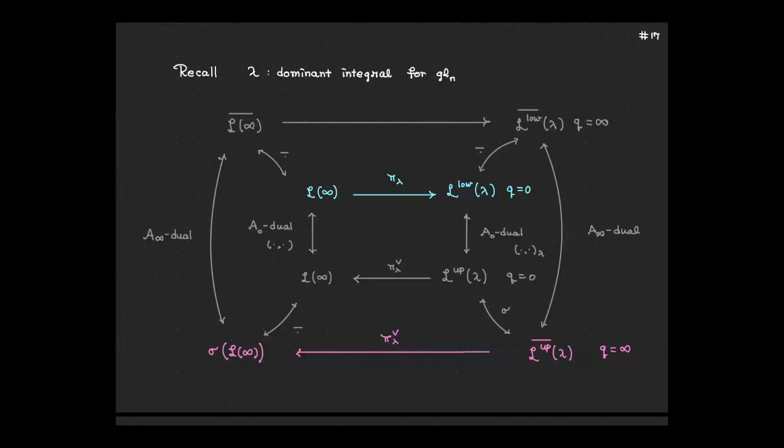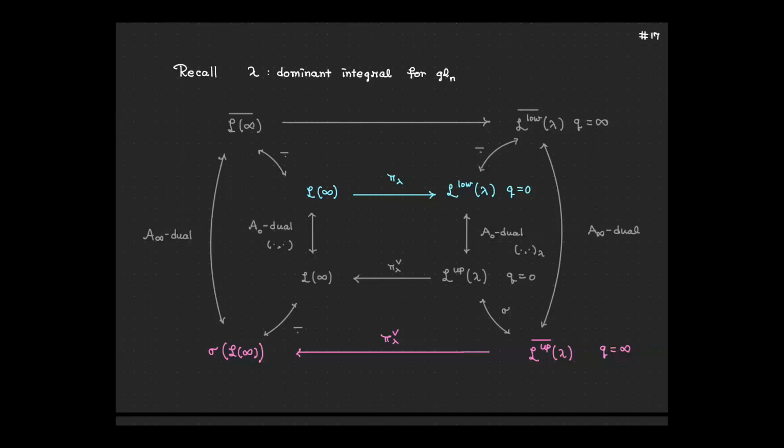When we want to convert Q equals 0 to Q equals infinity, we have to take the bar involution. And when we want to change the lower crystal lattice to the upper crystal lattice, we have to take the dual with respect to some symmetric non-degenerate bilinear form. Right?